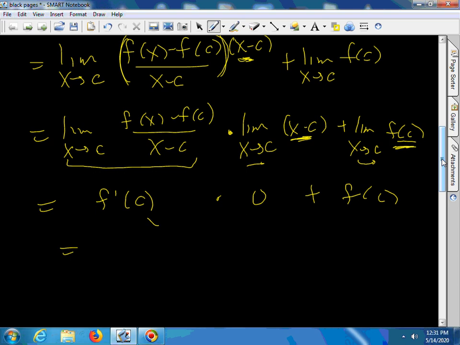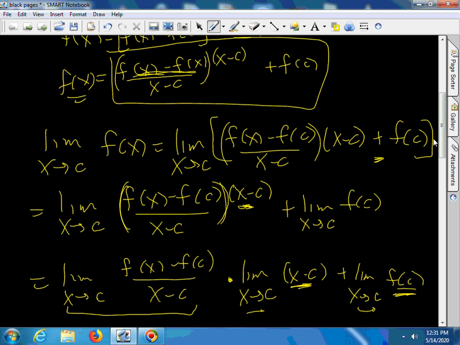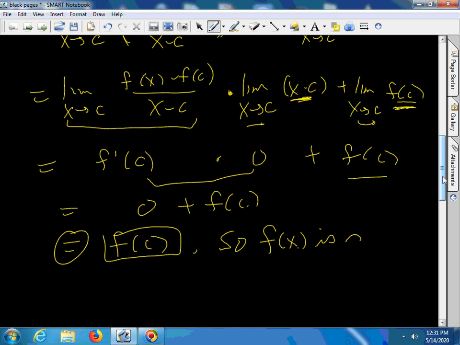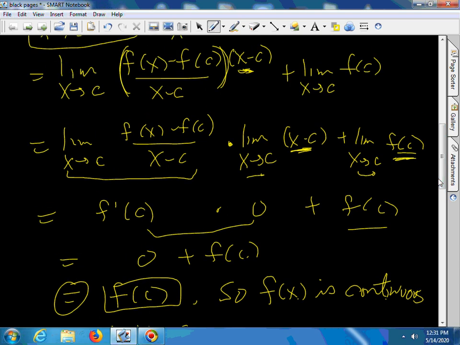So this is equal to 0 plus f of c, which equals f of c. So in the end, I showed that this limit equals a lot of stuff that you see on the board, but in the end, it equals f of c. So f of x is continuous at x equals c.